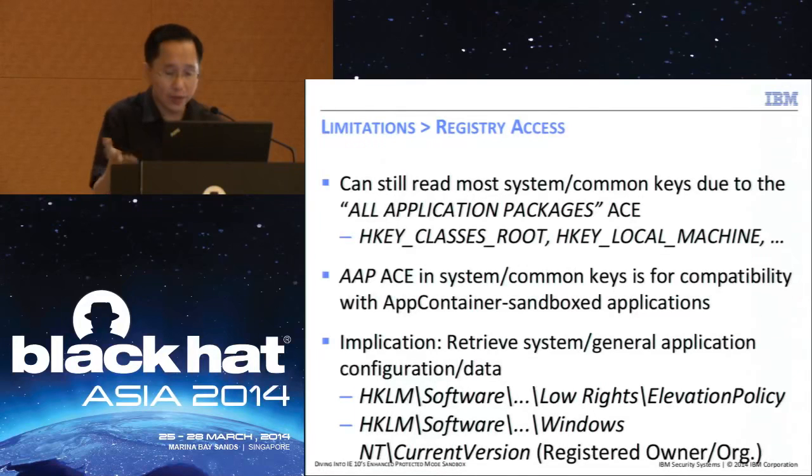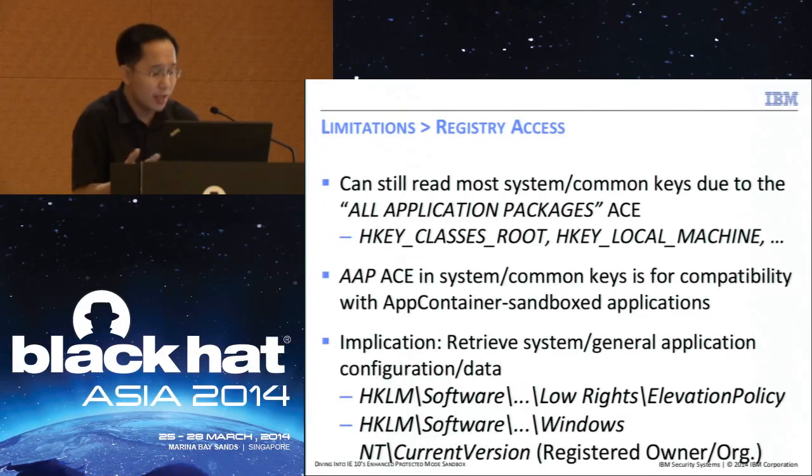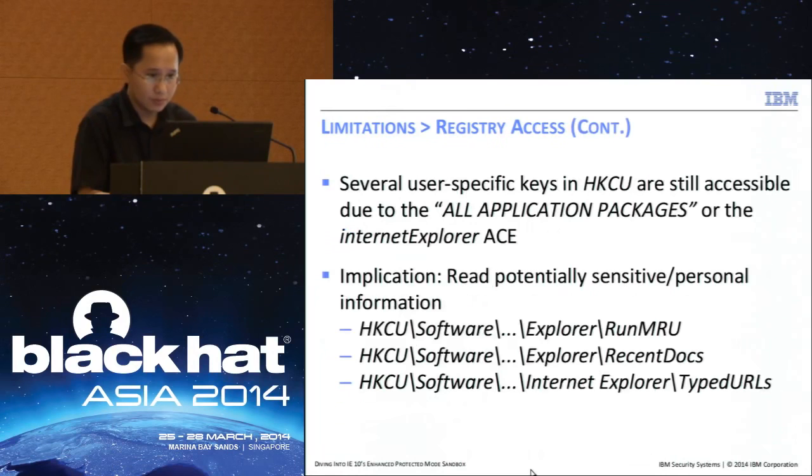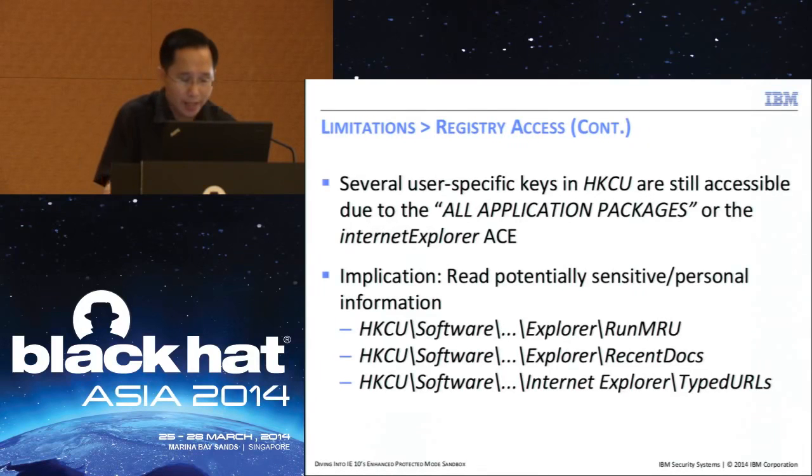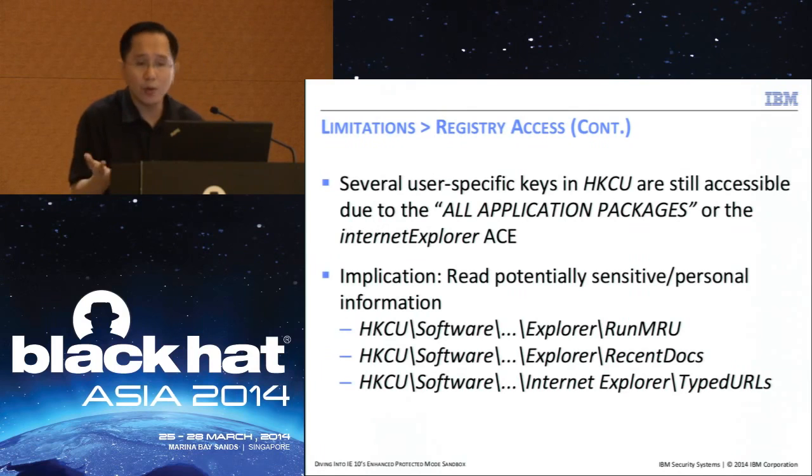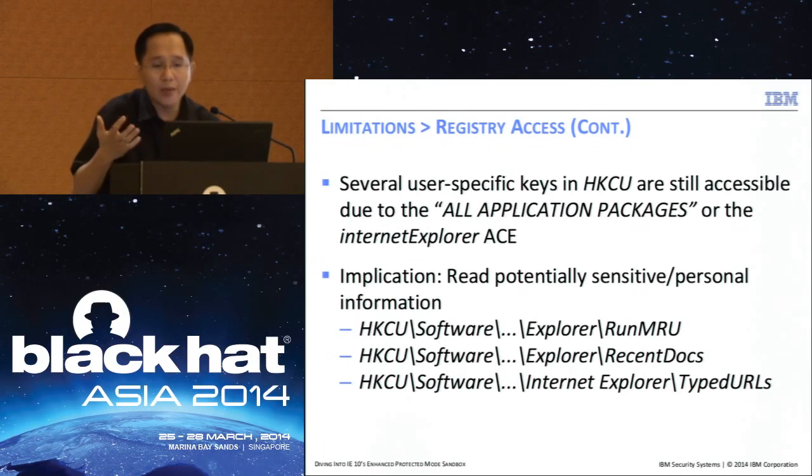Also, some forms of personal information are still readable, such as those under the Windows NT current version key. And more importantly, several user-specific keys, those under HKCU, are also accessible because either they have the all application packages ACE or the Internet Explorer ACE.